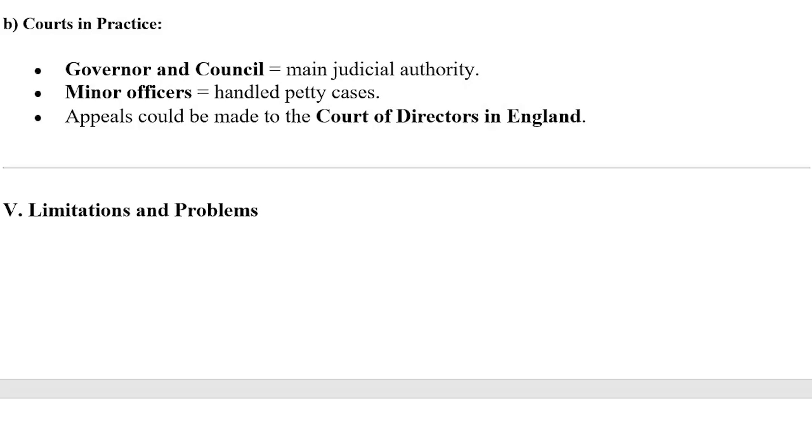This was the main judicial authority. Minor officers handled petty cases. Appeals could be made to the court of directors in England. So the main court was of the governor and council, and the petty, small cases were handled by the minor officers, and appeals went to court of directors in England.